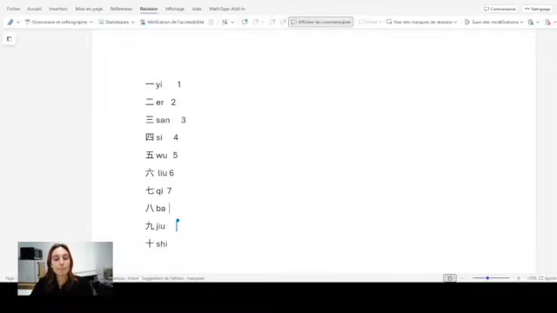Then we have bā, also 1st tone. Jiǔ. So this is the 3rd tone, descending, rising, and it's number 9. And then shí. It's the 2nd tone, rising tone, and number 10.